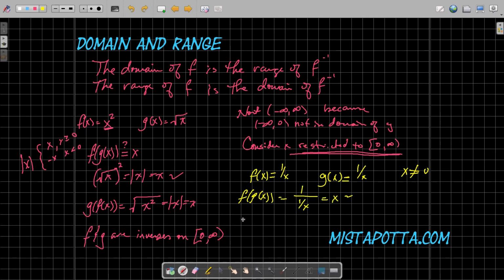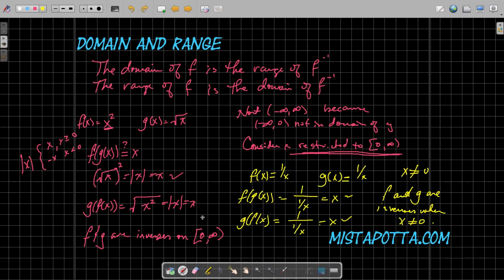Well, that's good. If I take a look at g of f of x, I end up with the exact same thing. So f and g are inverses when x is not equal to 0.